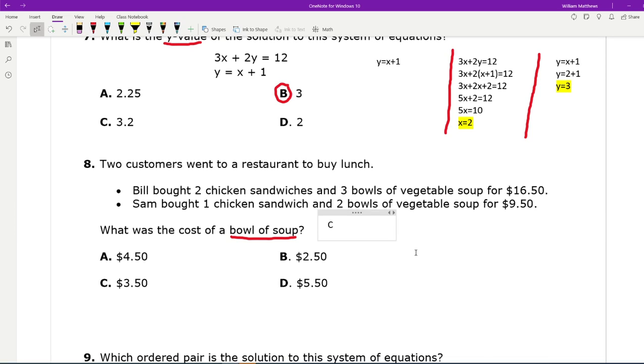I can say C for sandwiches. To see if I can spell this right, even though it's right there. And then S for the vegetable soup. Now, to be more specific, it is the cost of.